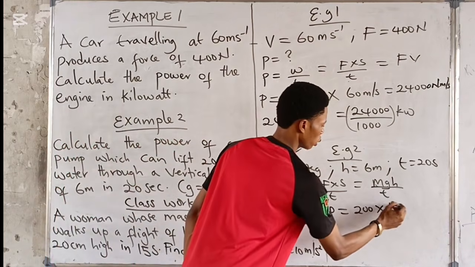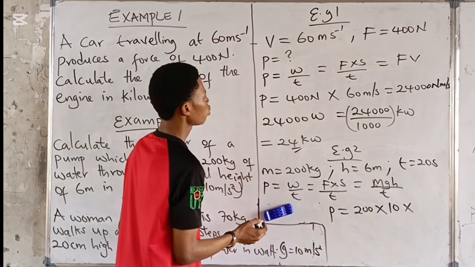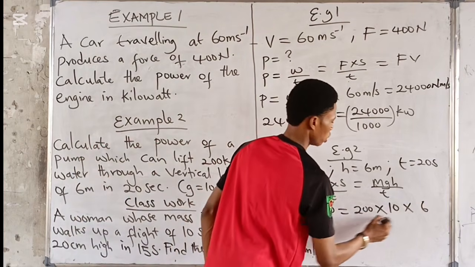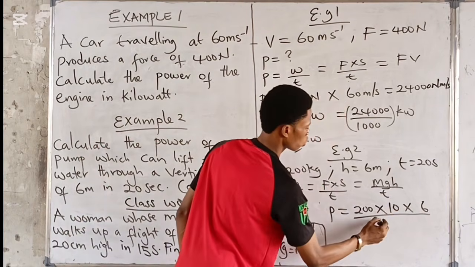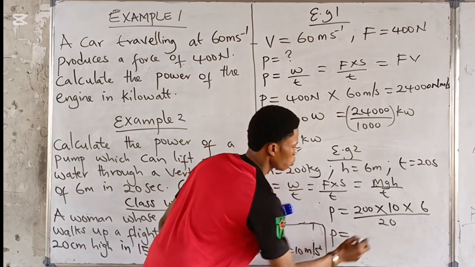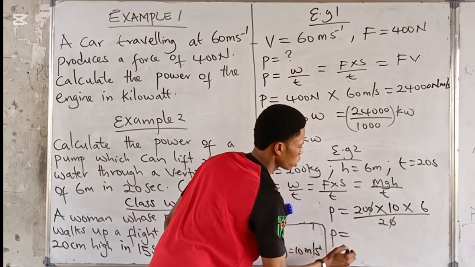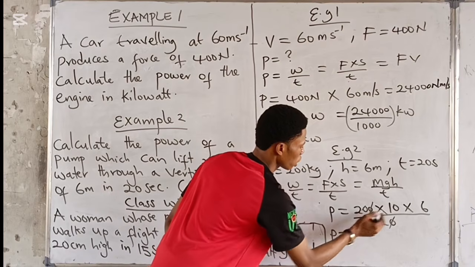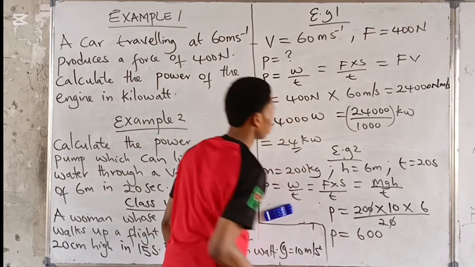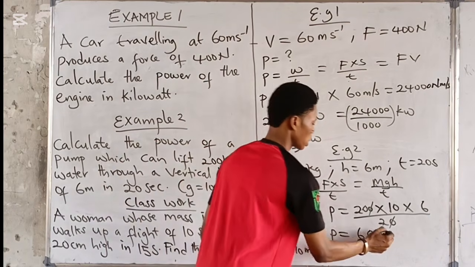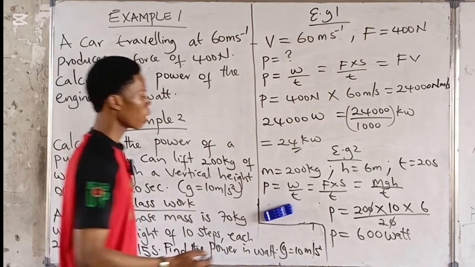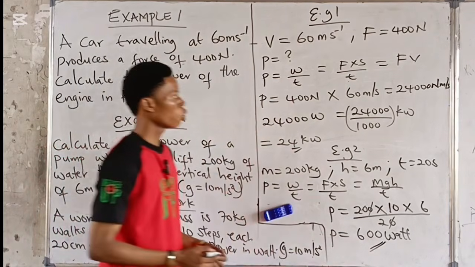So times 10, times h, the height through a vertical height of 6, then all over time, which is 20. So you notice that this can cancel this, and this will be 10. So 10 times 10 is 100. 100 times 6 will be 600 watts. That is our answer. So the power of the pump is 600 watts.